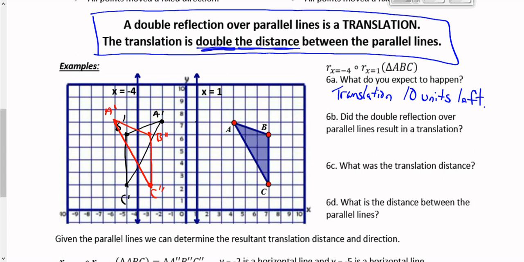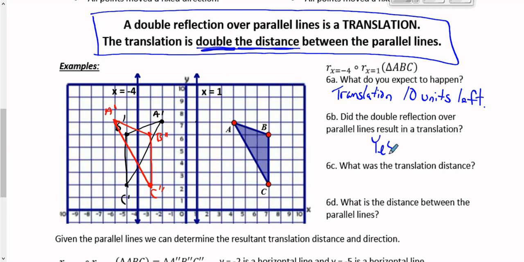Okay. So let's go to 6B. Did the double reflection result in a translation? Yeah, it looks like it took this triangle, and look at the red one. So I'm going to say yes, right? So yes, it did.